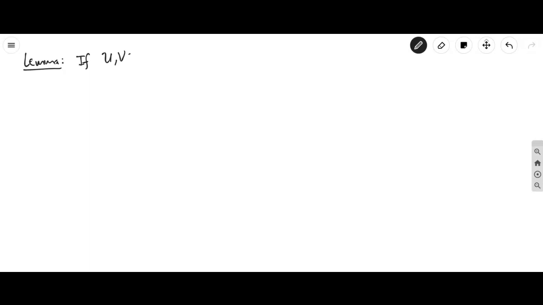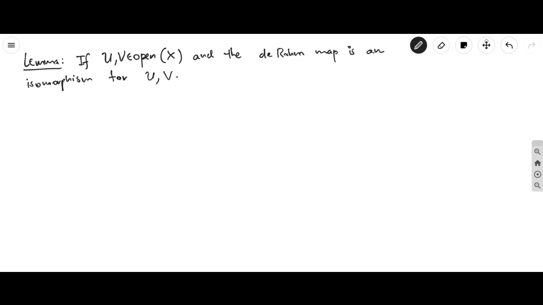It says that if U and V are open subsets of some manifold X, and the de Rham map is an isomorphism for U, V, and their intersection, assuming the intersection is not empty.